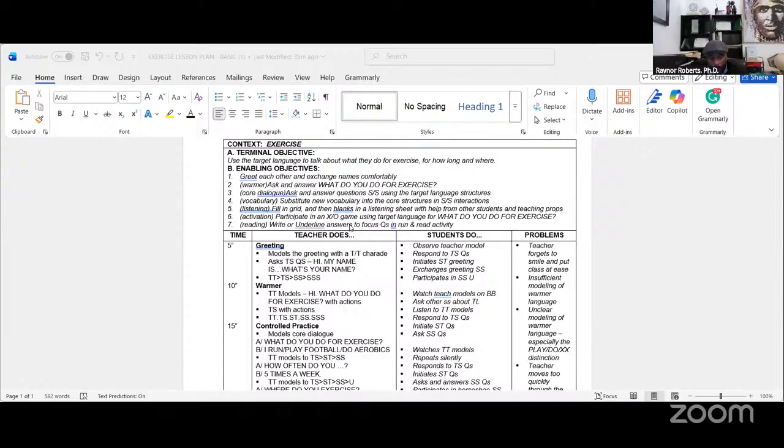So depending on the grade level, a warmer could be, I would think the song would be more like a greeting. The warmer should have some academic value, but again, it could be a song. But it should have some academic value.